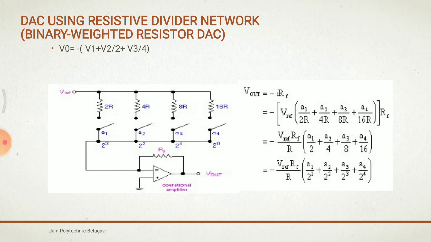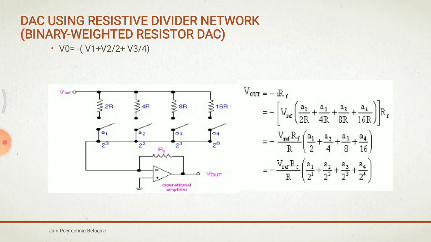First you take RF common, and you take R common, so what we get here is Vout equals minus VREF times RF divided by R times, in brackets, A1 divided by 2 raised to 1, A2 divided by 2 raised to 2, A3 divided by 2 raised to 3, and A4 divided by 2 raised to 4. Here you are getting the negative sign at the output side.